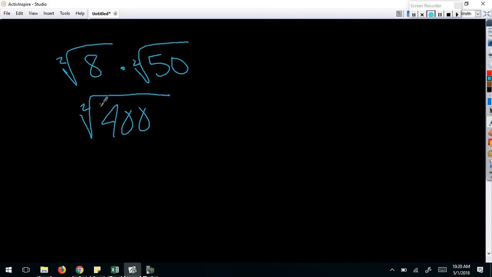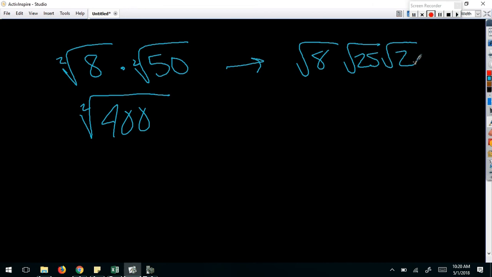If you want to split them up, first thing I'm going to do is put them together. If you split them up first, that's not wrong. So you did square root of 8 and square root of 25, square root of 2. Did you split the 8 up in 4 and 2? If you're going to split them up, that's how you got to split them up.